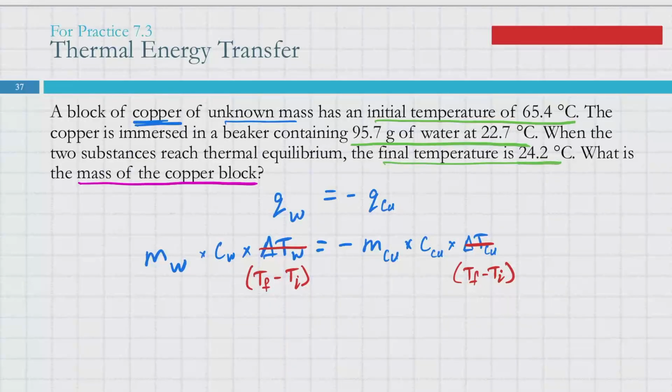Okay, so let's look through and figure out what we have. We're looking for the mass of the copper. We're asked to find the mass of the copper block. Do we have the mass of the water? Yes. Do we have the c value for the water? We do not, but it's a c value. We can go look it up, or we can be provided it, or maybe we've memorized it: 4.18 joules per gram degrees Celsius.